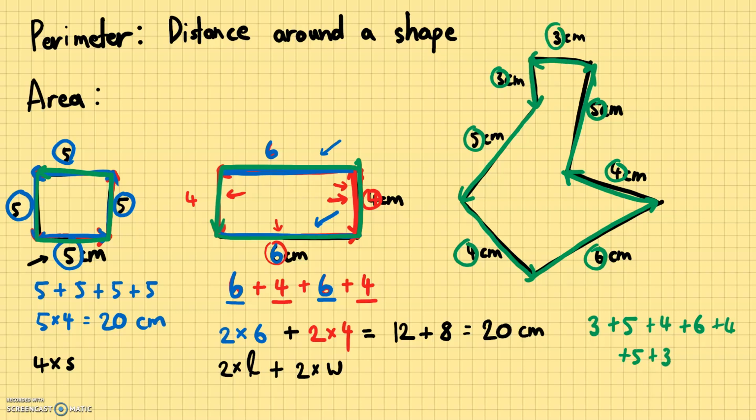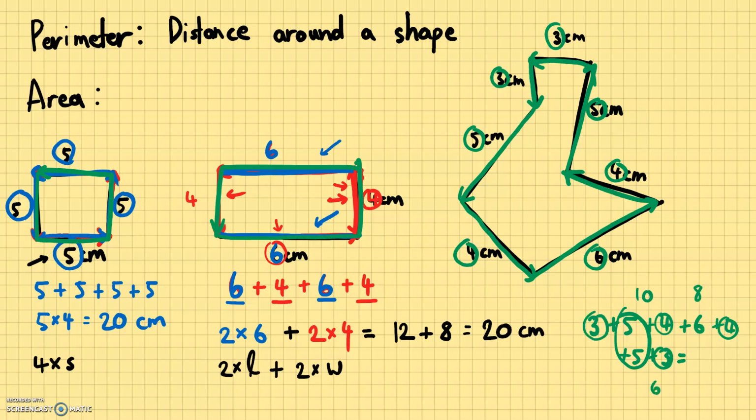So we're just adding up all the sides to get the perimeter. There are 2 5s, so this is 10. There are 2 4s, so that's 8. There are 2 3s, so that's 6.